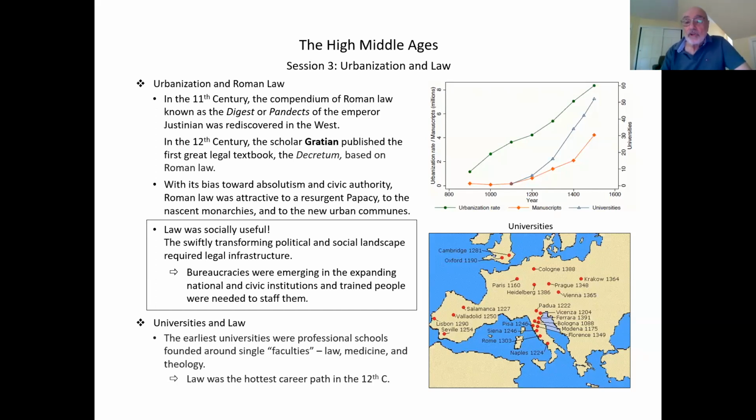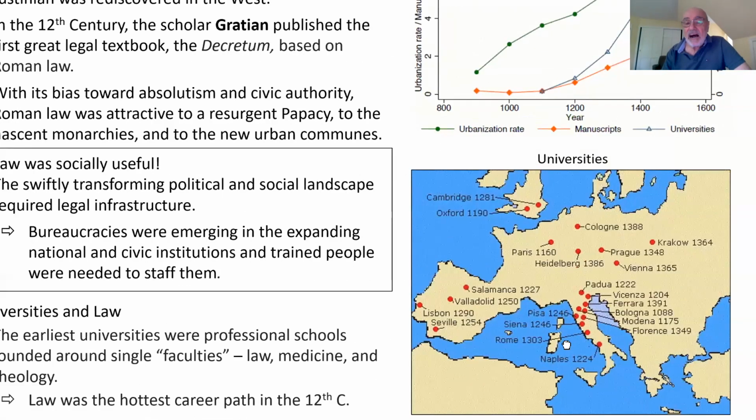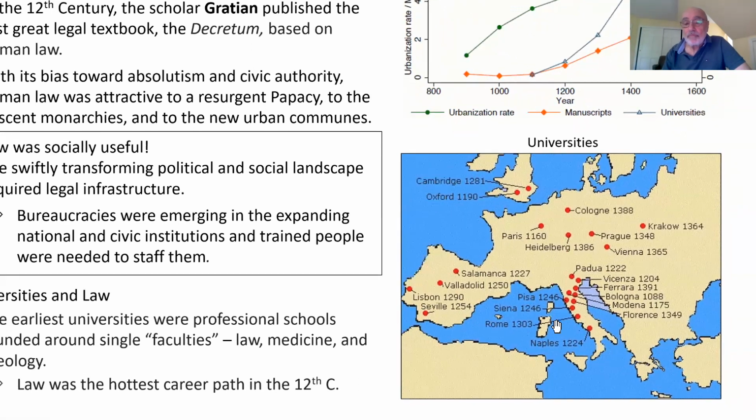If you look at, and I will show you a map on the next slide, I believe it is, that shows more universities. But look at, these are major early ones, and look at the concentration of them in central to northern Italy. You also find them at some of the great Christian courts in Spain, because they're Christian by this point in time.